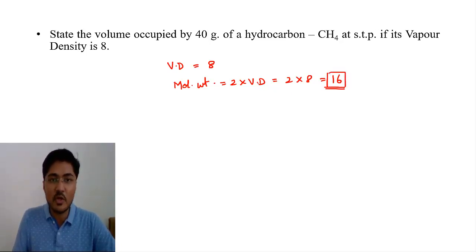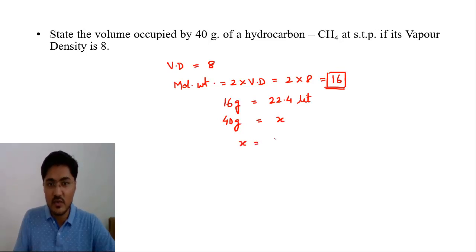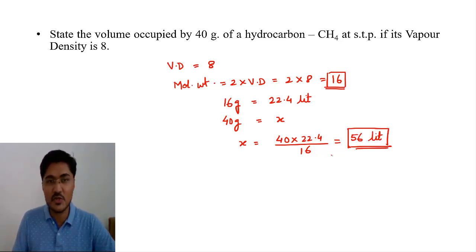Now 16 grams, which is the molar mass, will occupy 22.4 liters, and we have been asked 40 grams will occupy how much? So X will be 40 into 22.4 divided by 16, which when you simplify you get 56 liters, and this is your final answer to this question.